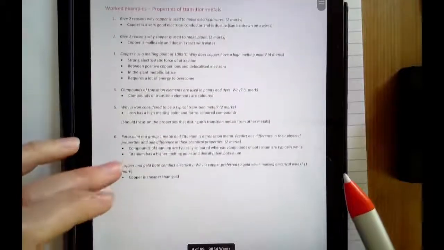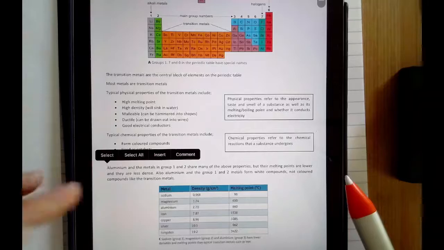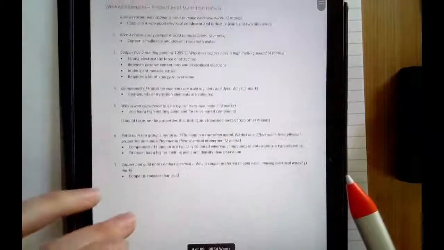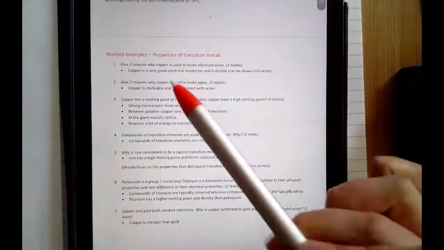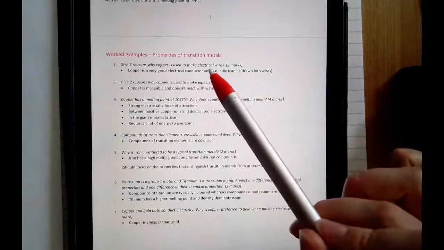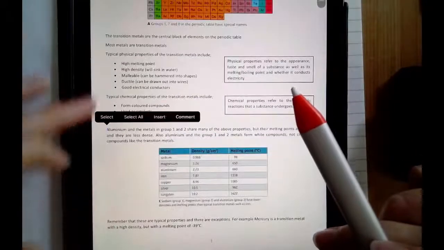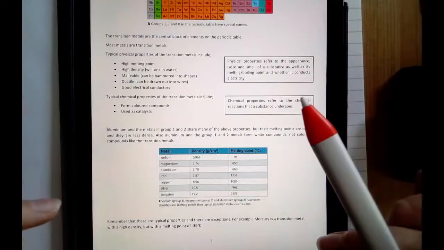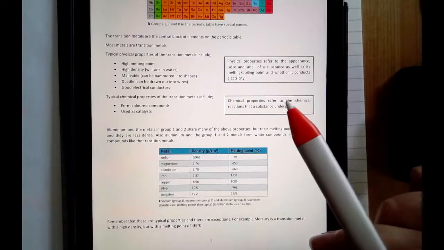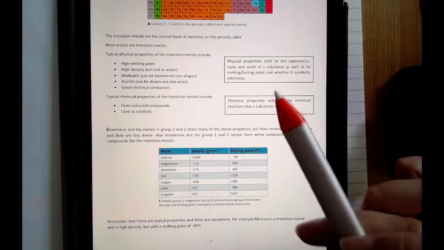On the next page, I've gone through some worked examples. Essentially you just need to know this content, but you do need to be able to apply it as well. So a typical example here: why is copper used to make electrical wires? Copper is a metal, it's got all of these properties, but you'd have to pick out the properties that are relevant to it being used in wires.